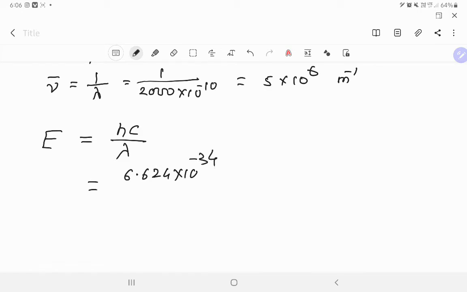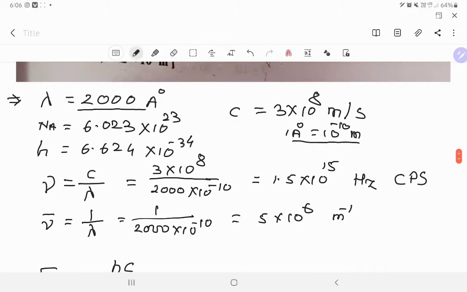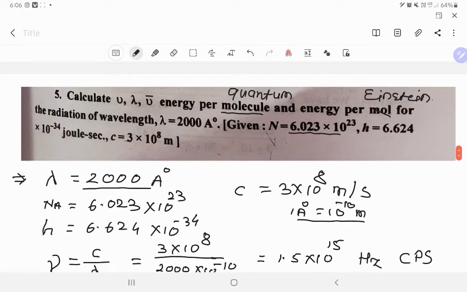Mind well, whatever the given value is, you have to take the same value. Don't change. Sometimes, for simple calculation, it is given as 6.6 into 10 raised to minus 34. If this 24 is not given, then you have to use whatever the given value is.